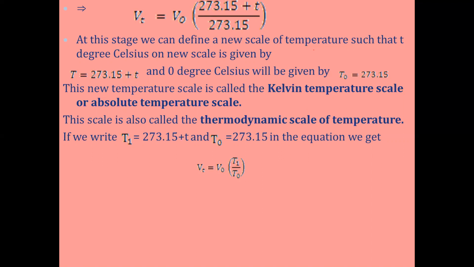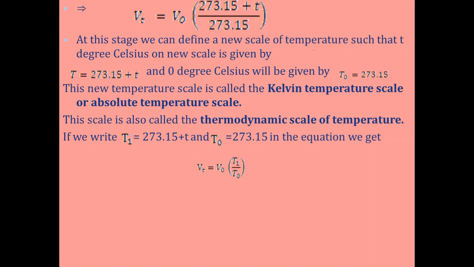So we can write this expression as Vt is equal to V naught, and 273.15 plus small t can be written as T1, divided by T naught replacing 273.15.